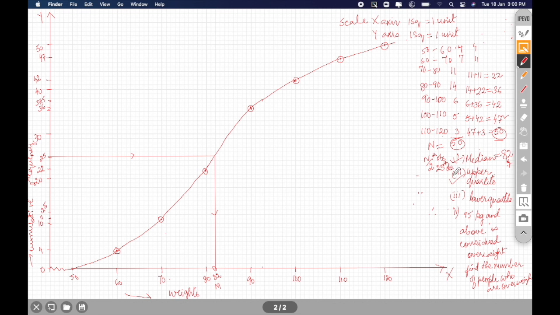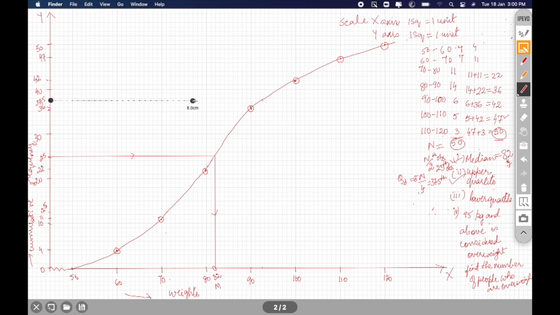Okay. Now let us find the upper quartile. Upper quartile is denoted by Q3 and it is equal to 3n by 4, and this is equal to the 37.5th observation. So 37.5, I can see it is over here. Using a ruler in the same manner as we found the median, we are going to do the same thing here.